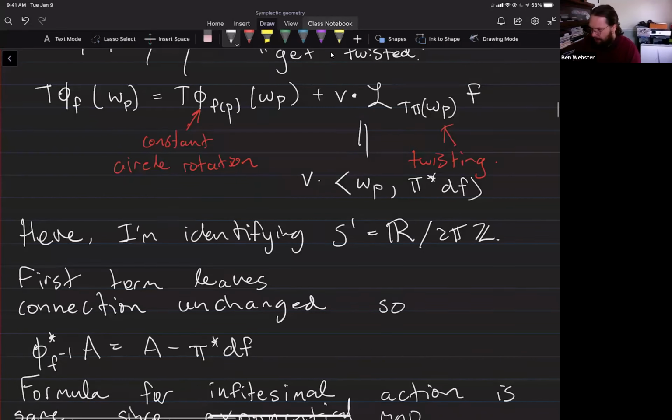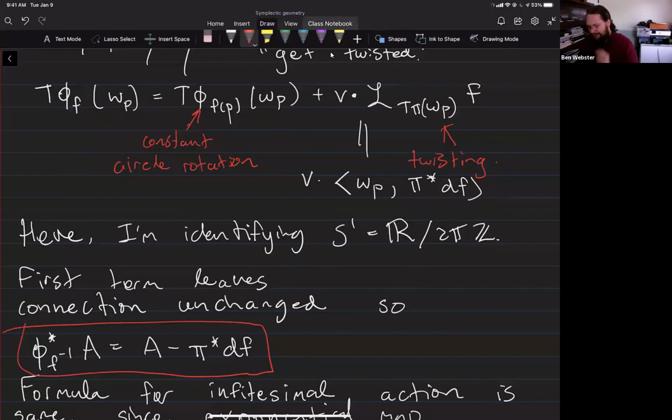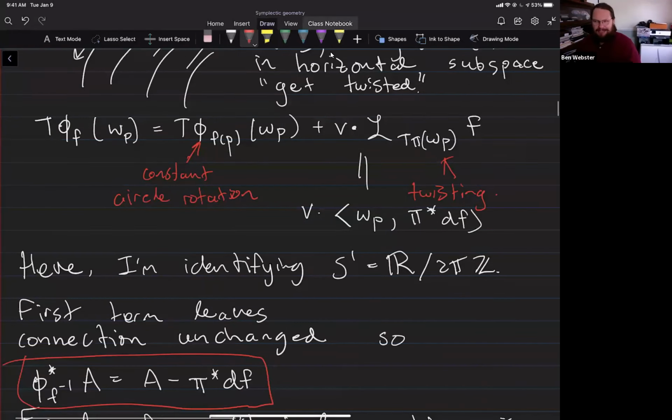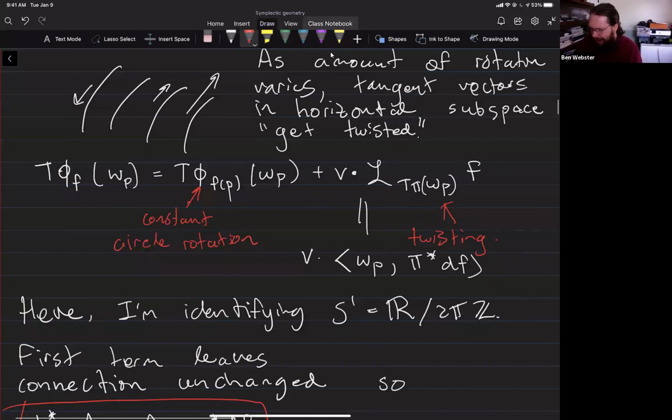And if you write it out in terms of the connection form, what you get is this pullback is A minus the pullback of df. You can derive this. Somehow this is not surprising, but you have to think, how do I actually check that? You have to look at what the derivative of T of F is.